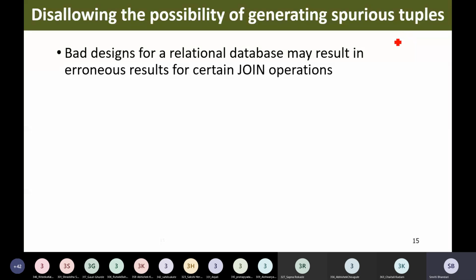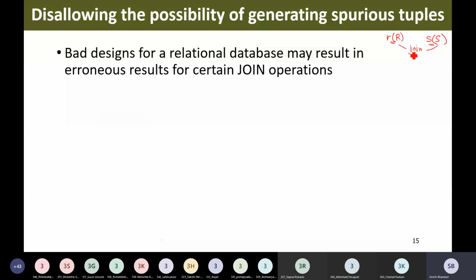Many times, if I am having two relations, first is say relation R on schema R, and suppose second is relation S on schema S. Now, many times it happens that we need to have a join of these relations, because some information is available in this relation and some information is available in this relation.